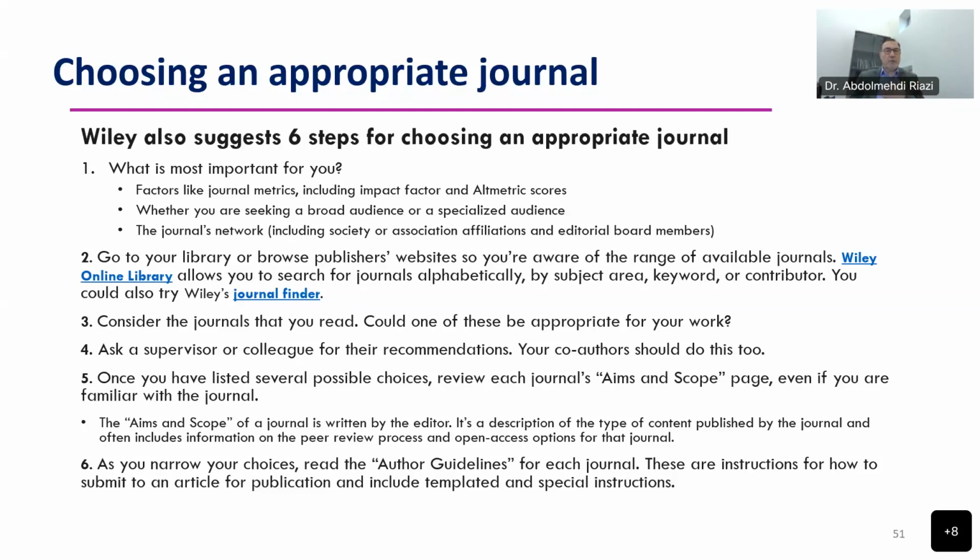Personally, and based on my observation, impact factor for some disciplines like sciences and engineering, and even for medical sciences, usually is high. We even have journals with an impact factor of 15 or even more.